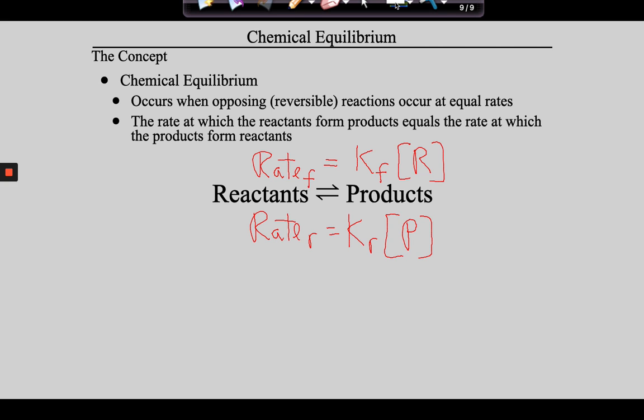But now let's ask an interesting question. We understand that at equilibrium, the rates are equal. What's true of the concentrations if they're not equal? They are... Yeah, but... Guys, you're thinking about it too hard. These aren't equal, but what are they? They're unchanging.